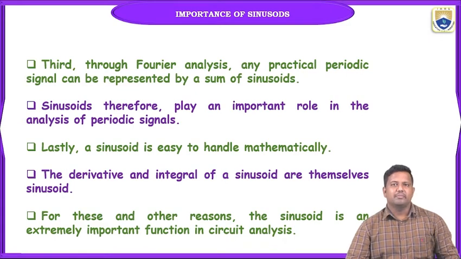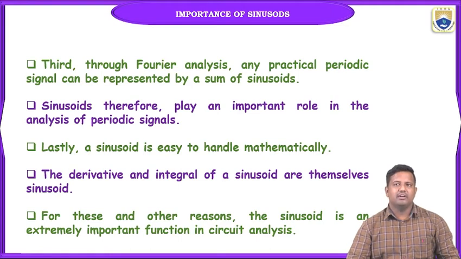A lot of easiness is obtained. Lastly, a sinusoid is easy to handle mathematically. As I said, when this AC system is subjected to a circuit, the circuit is generally called a complex circuit, because a lot of complex parameters come into the picture. As far as DC is concerned, only a simple parameter, the resistor, comes into the picture.